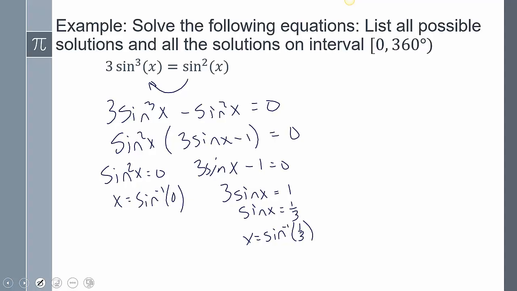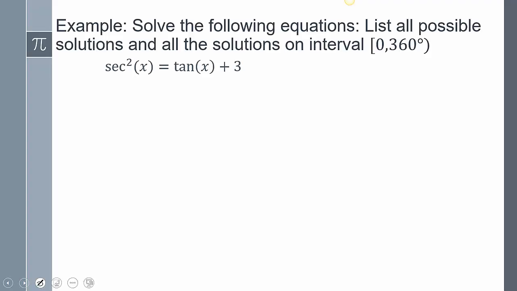So this, no unit circle, so you're going to have to use a calculator. And then you have to remember it's a positive ratio, and so sine is positive in quadrant 1 and quadrant 2, so you have to find that rotation and that rotation. And those would be your values from 0 to 360.